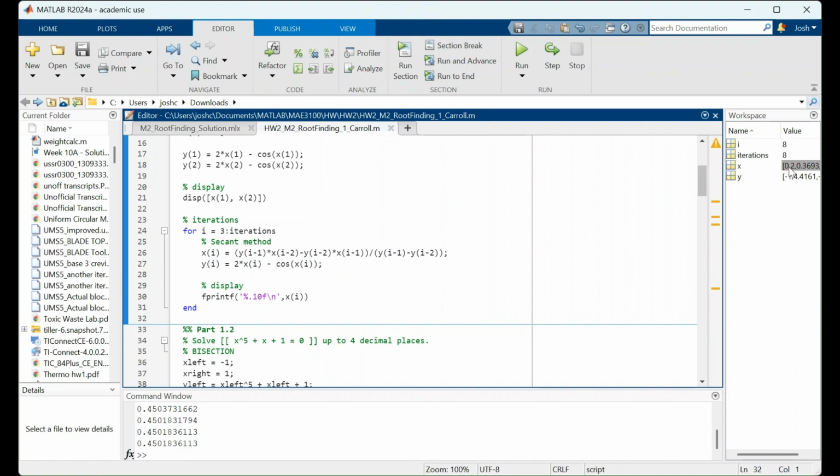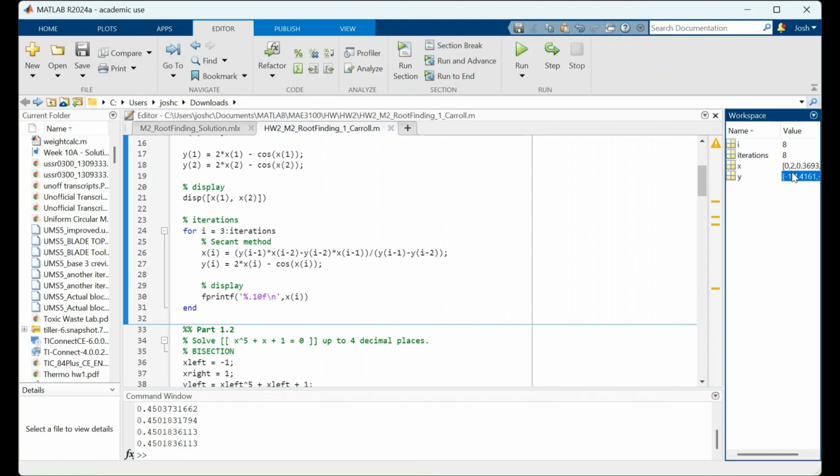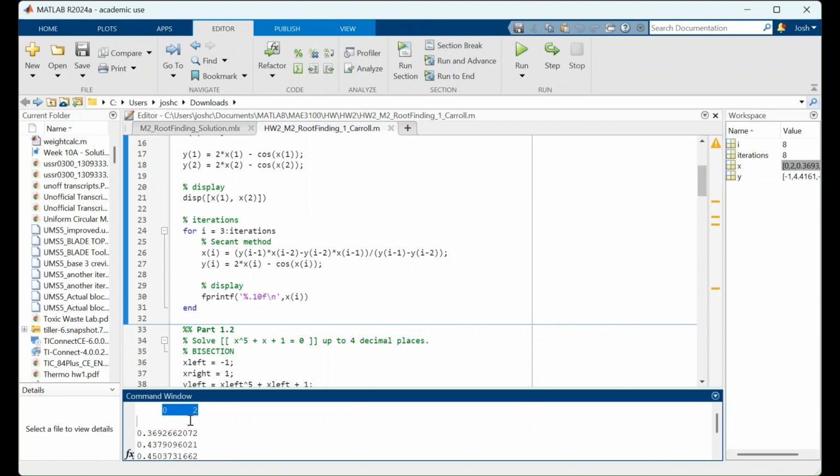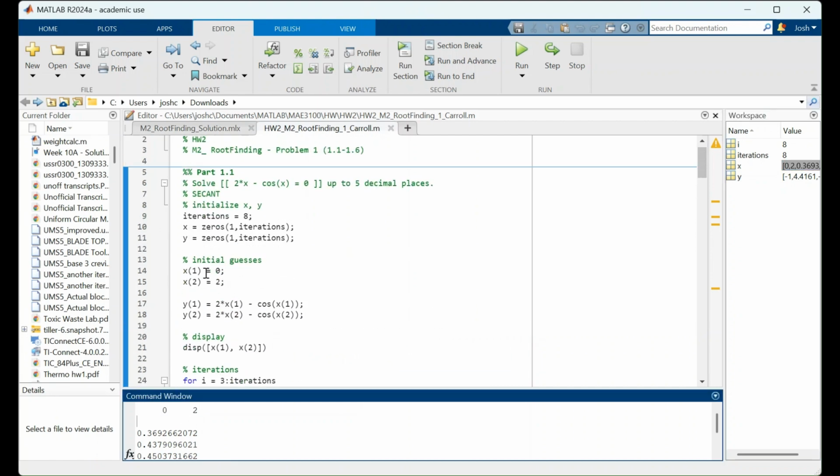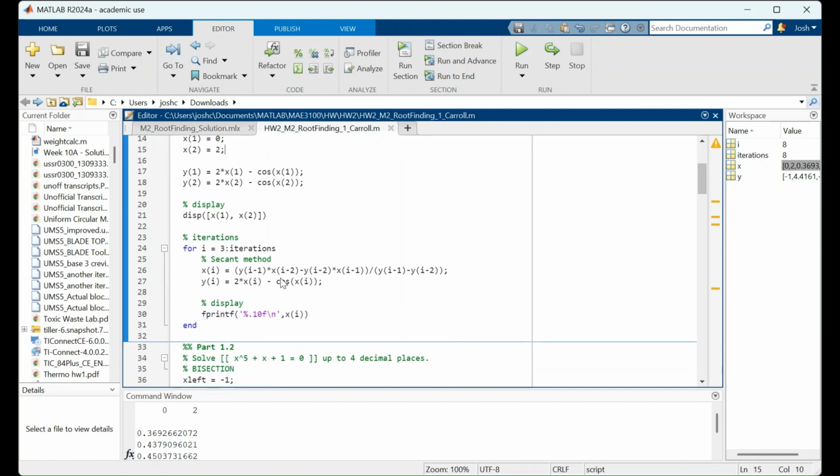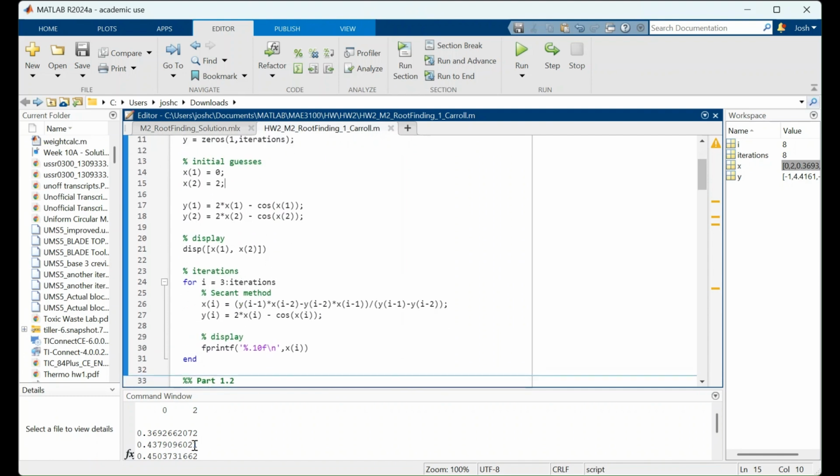As you can see, you get the arrays. I'm not going to click on them because it's going to open up a lot, but you get your initial guesses here. We did 0 and 2, it's secant, to be close to the value.